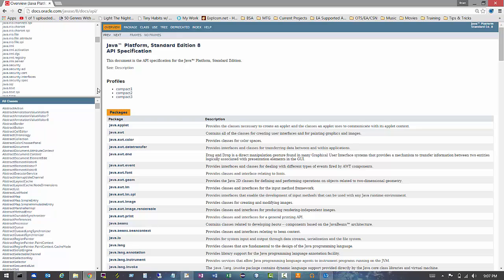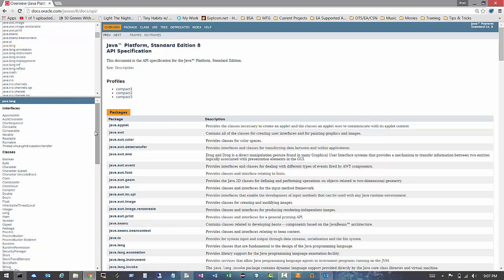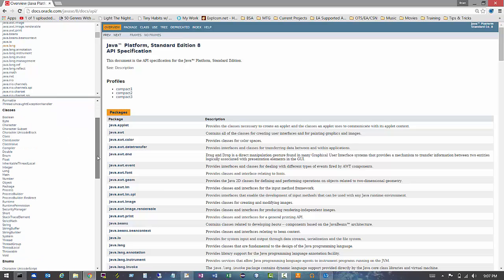Let's go to the Java page, TechNet, there we go. So if you go into java.lang, that's the API library that we get without importing in all Java applications.